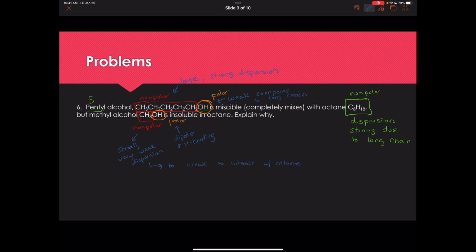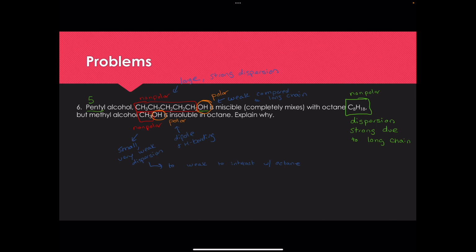As a result, that long nonpolar region with the strong dispersion forces is going to actually be able to stack very nicely with large surface area against that C8H18 and have strong attractions. So the pentyl alcohol is going to mix because it's got that strong dispersion forces similar to the octane, whereas the methyl alcohol, its dispersion forces are weak, so it doesn't share similar strengths. So we have to have similar strength forces in order for our compounds to mix.